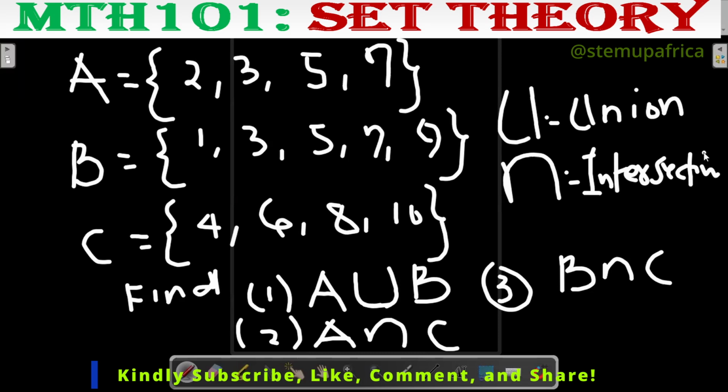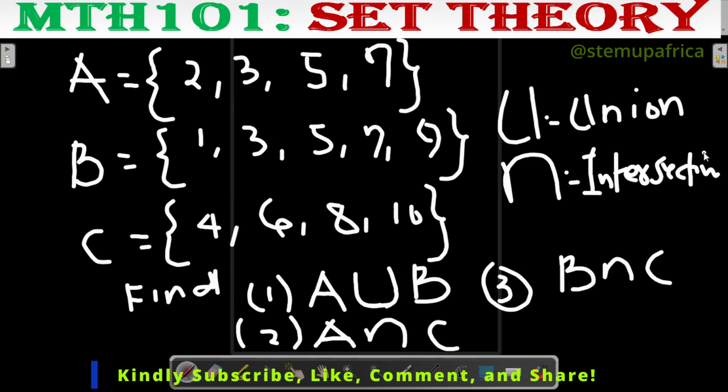B intersection C. 1, 3, 4, 6, 7, 8, 9, 10. Sir? Okay, I'm here. Let me see if I got it right.